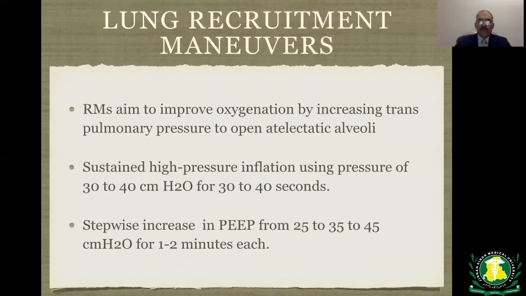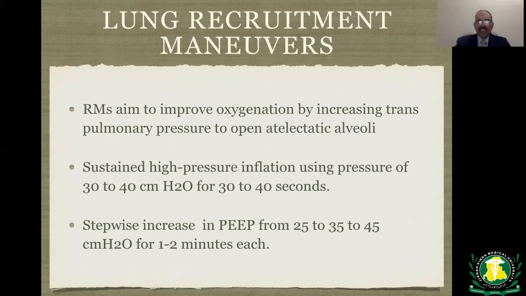Lung recruitment maneuvers. Recruitment maneuvers aim to improve oxygenation by increasing transpulmonary pressure to open atelectatic alveoli. These are done in two ways: sustained high pressure inflation using pressure of 30 to 40 cm H2O for 30 to 40 seconds, and a stepwise increase in PEEP from 25 to 35 to 45 for 1 to 2 minutes each.